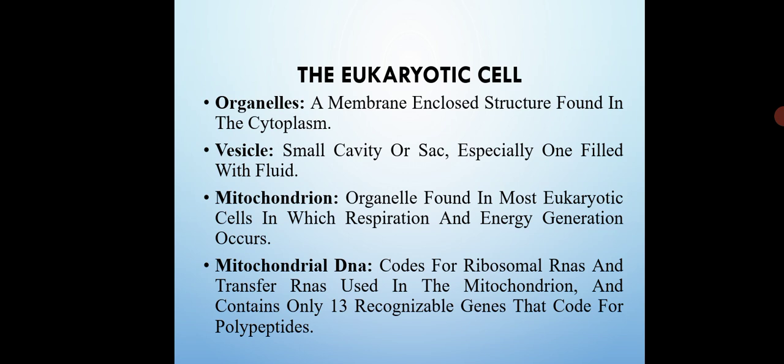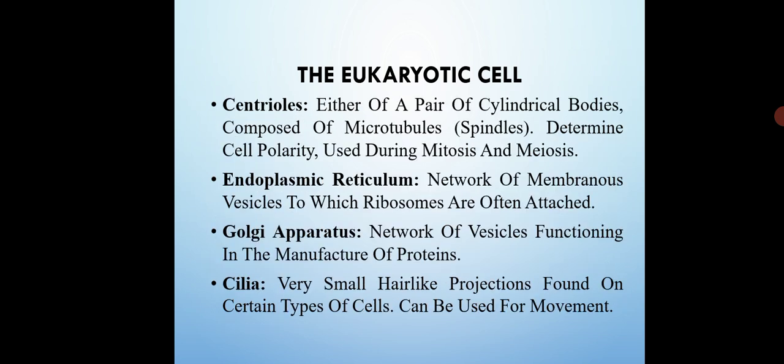Mitochondria also have genetic material, DNA, which codes for certain proteins. Another important organelle is the centrioles, a pair of cylindrical bodies composed of microtubules, which determine cell polarity and are very important during the mitosis and meiosis processes.